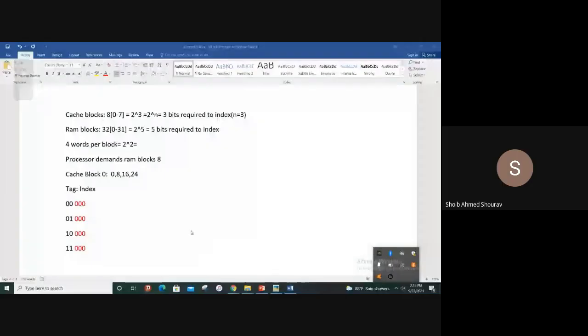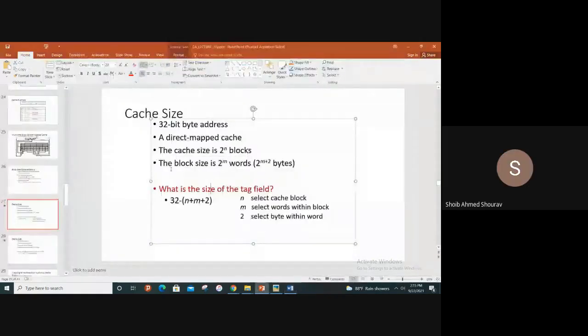So, have you seen that n is equal to 3? Up to now, everything is clear. Please respond. Okay, so in the first example that we have seen, the block size is 2 to the power m words. There are 2 to the power n blocks in the cache, and in every cache block, or every index, there are 2 to the power m words available.